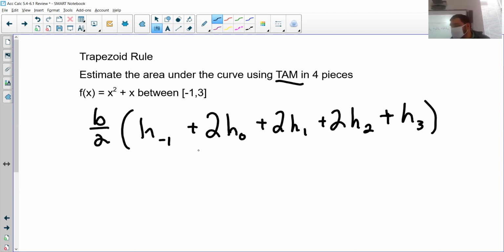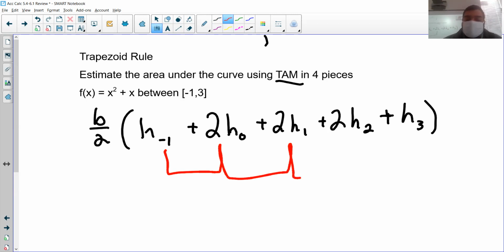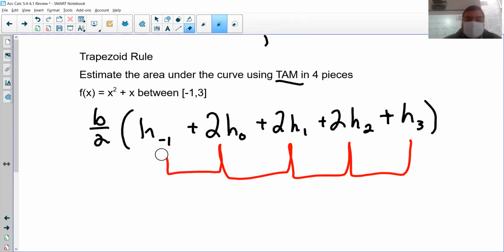Yes, because piece 1, piece 2, piece 3, piece 4. You could graph and draw it out. That's fine, but it's not necessary.